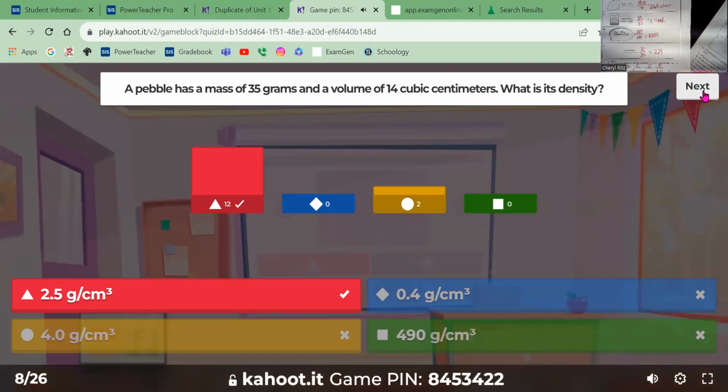Mass divided by volume, 35 divided by 14 gives you 2.5.